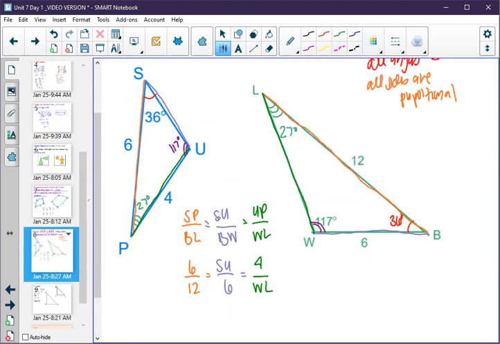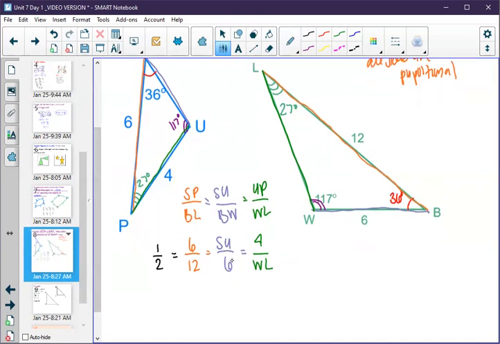So I know that the triangle, the first ratio, the sides are proportional by 6/12. So 6/12 reduces to 1/2. So if this is equal to 1/2, these have to be equal to 1/2 as well. Notice I didn't put question marks here because I know that the triangles are similar. So I can use that. I know that these have to be equal.